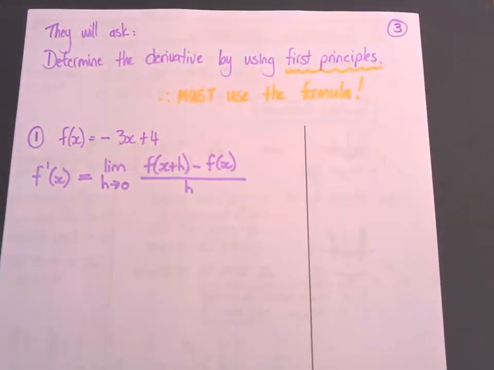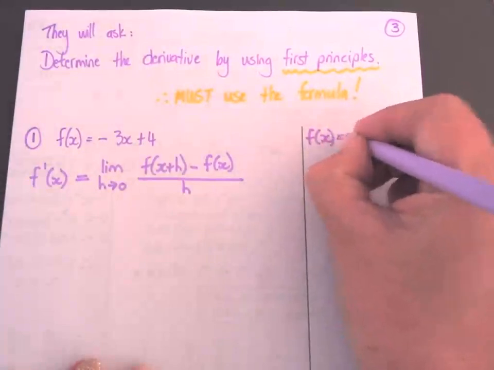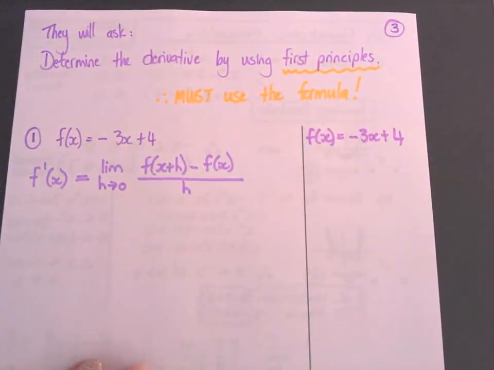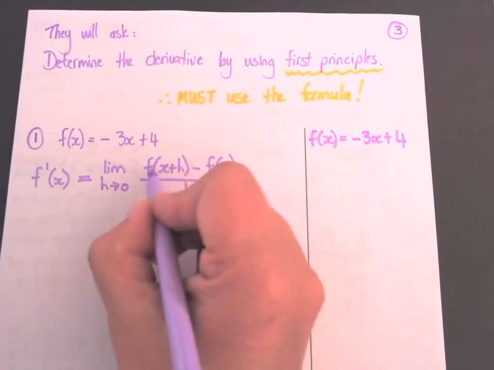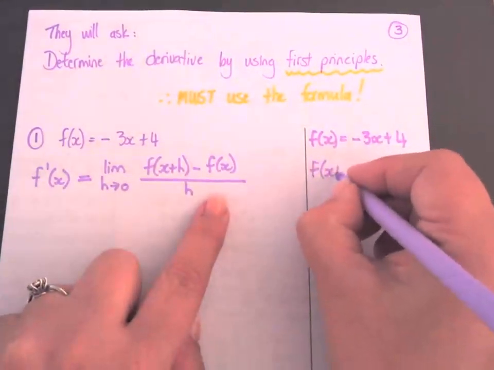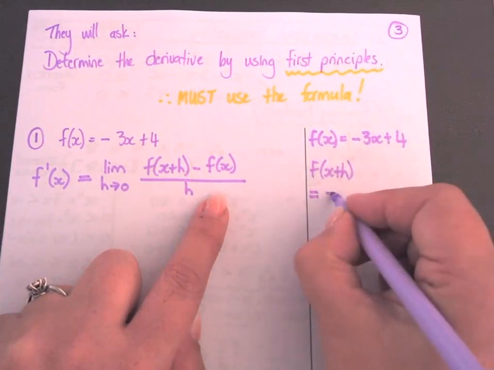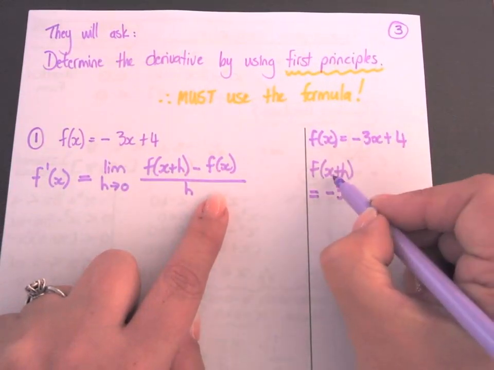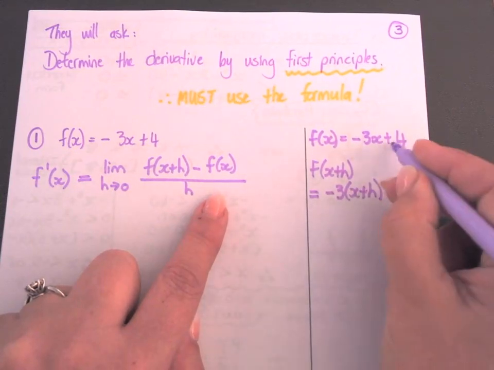So in the sideline, you first write the function, negative 3x plus 4, and then you work out separately what this will simplify to. So f of x plus h will be negative 3, in the place of x, I must write x plus h, plus 4.